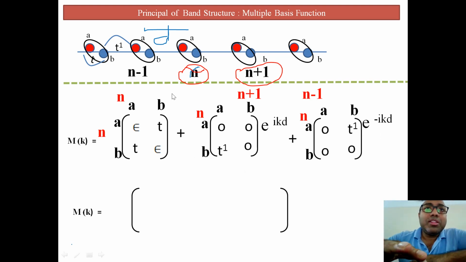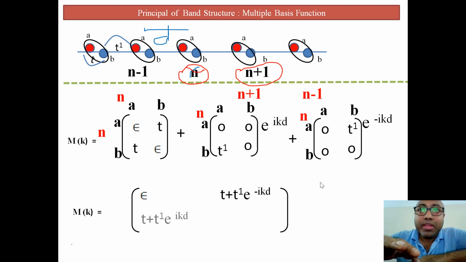Then you are done. Then we have to do the matrix summation. So this is actually epsilon. Then T plus T1 e to the power ikd. Similarly, another one T plus T1 e to the power plus ikd and an epsilon. Right? It's a matrix summation.